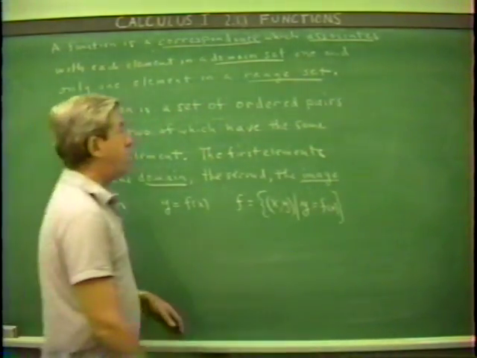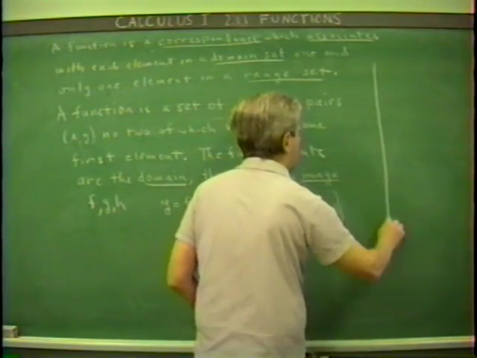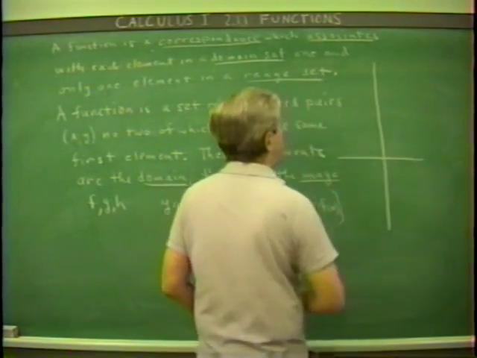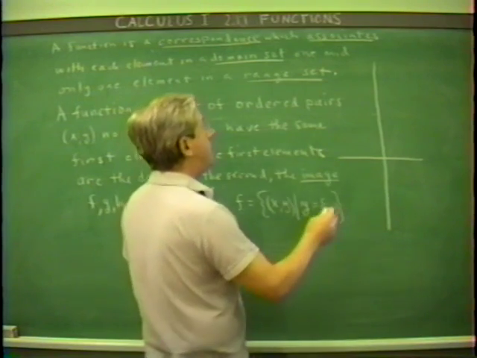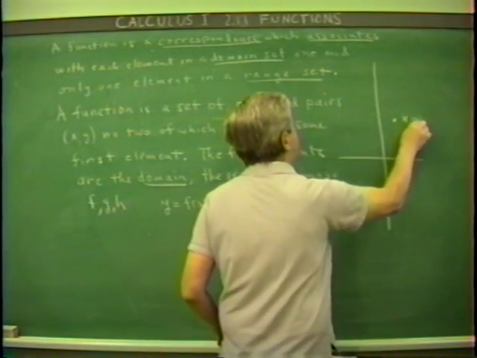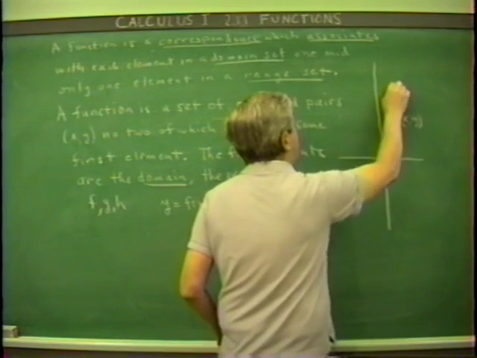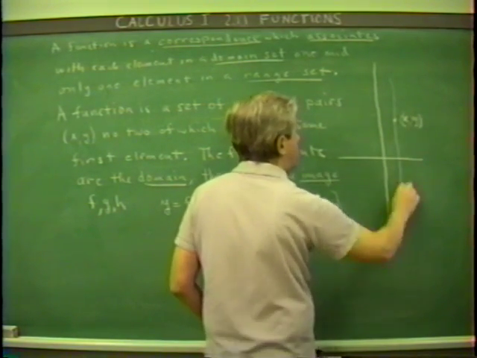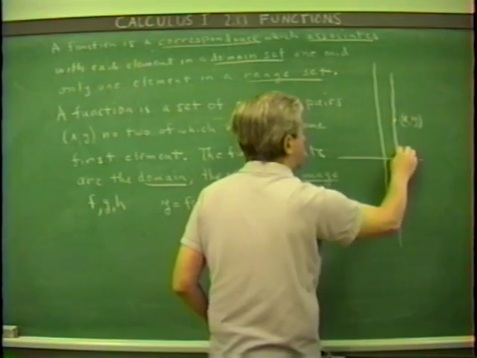The graph of a function is special in the following sense: if a point (x, y) is on the graph, then there can be no other point on the graph of that function on this vertical line that goes through (x, y).